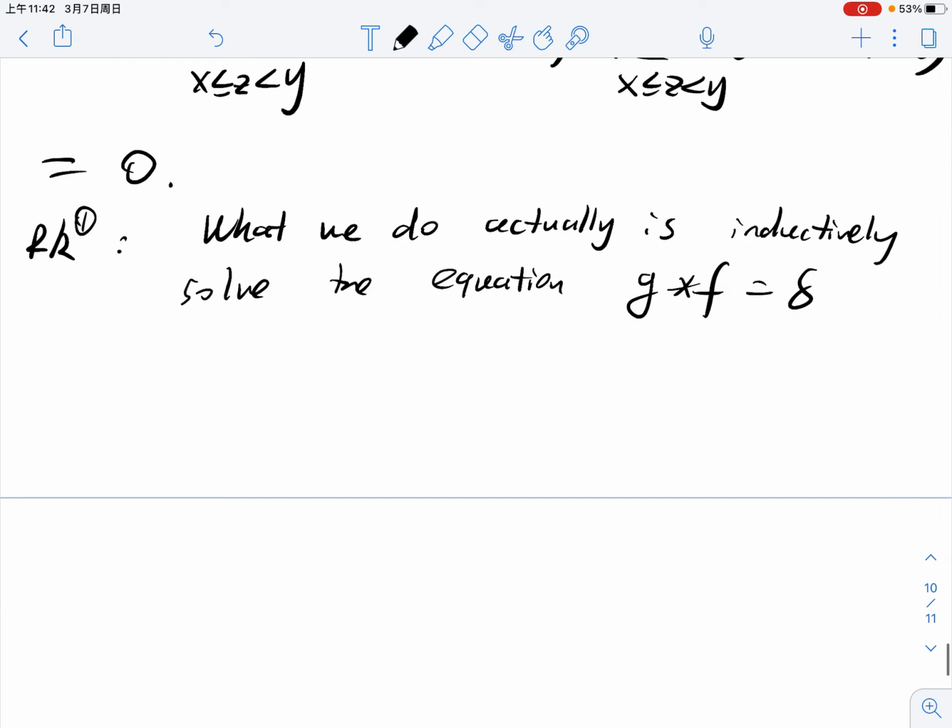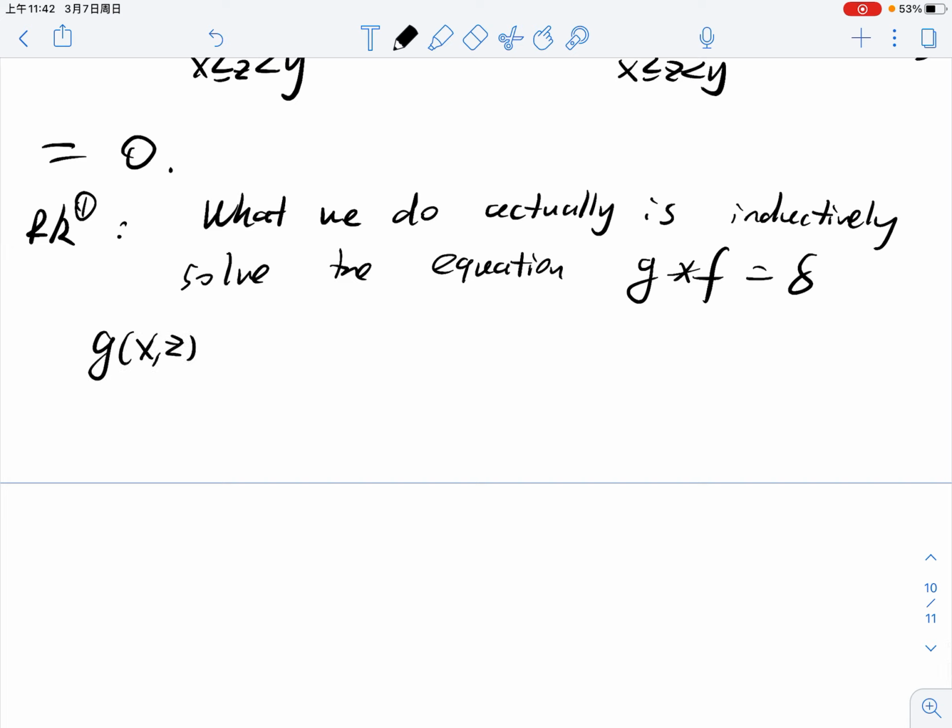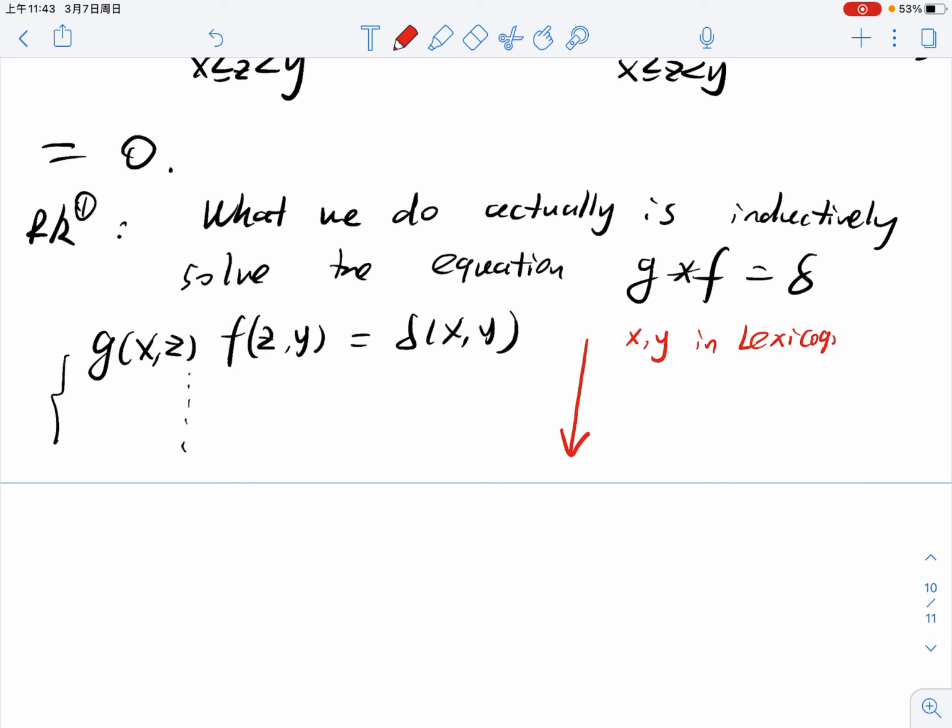By inductively, we mean the sum of g(x,z) f(z,y) equals delta(x,y). You have plenty of equations to solve, and we organize them in some order, that is, we arrange x, y in, for example, lexicographic order.